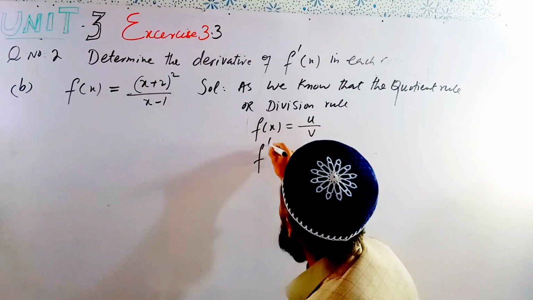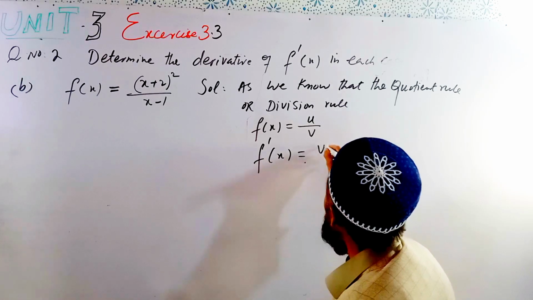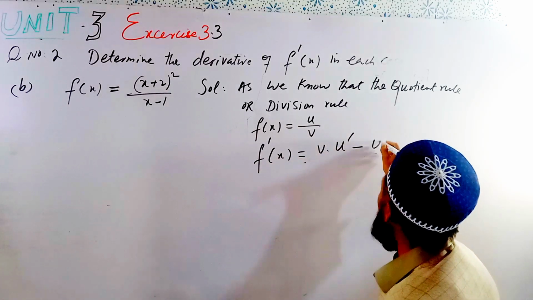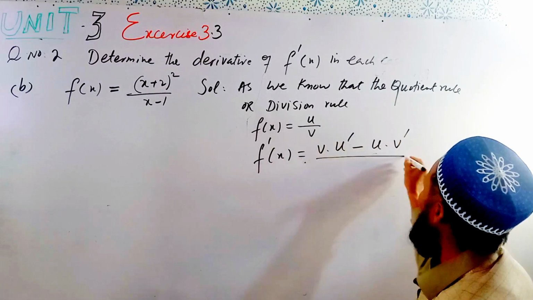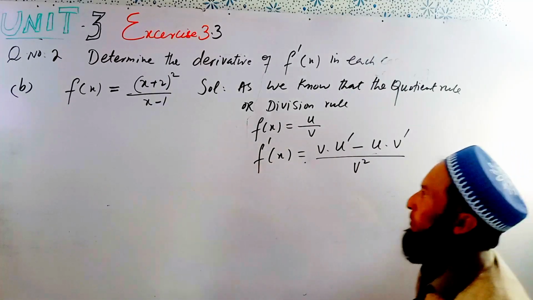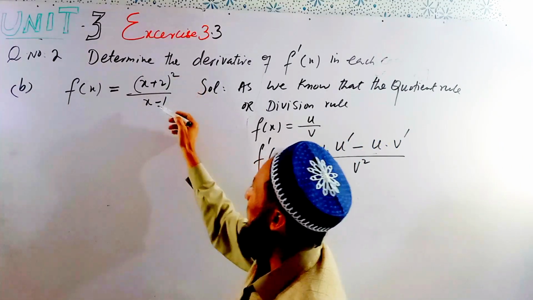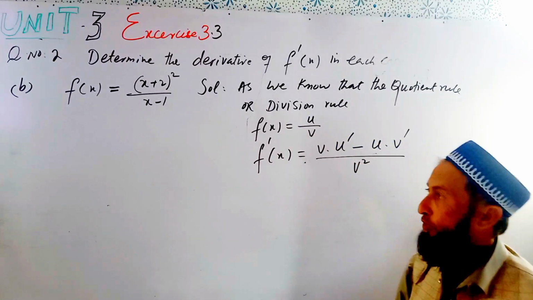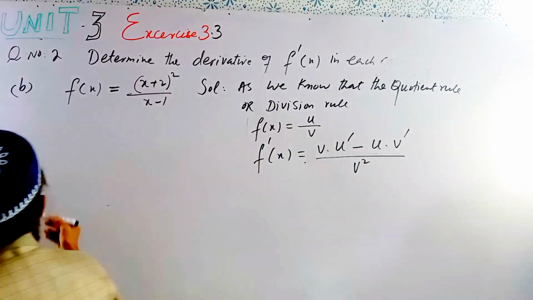If we are finding f dash x, it is (v u dash minus u v dash) divided by v square. This is the quotient rule we are applying here. We consider the numerator as u and the denominator as v.